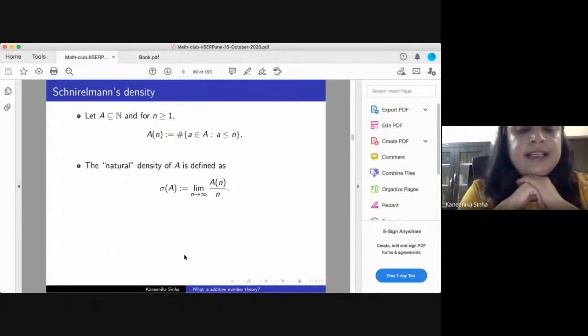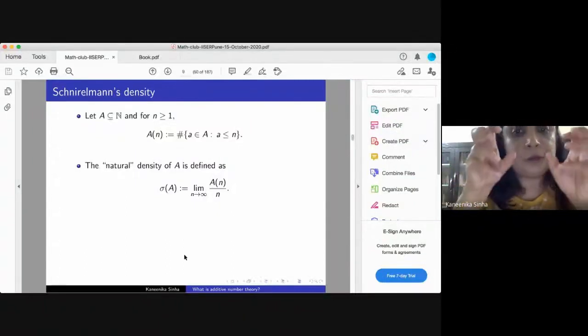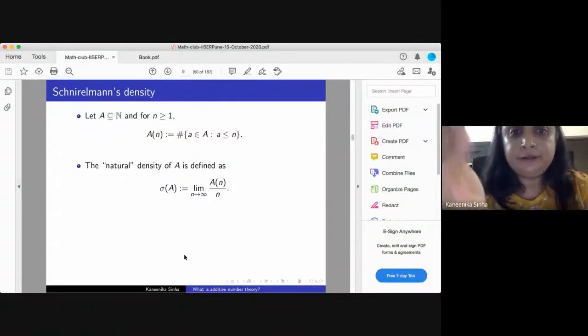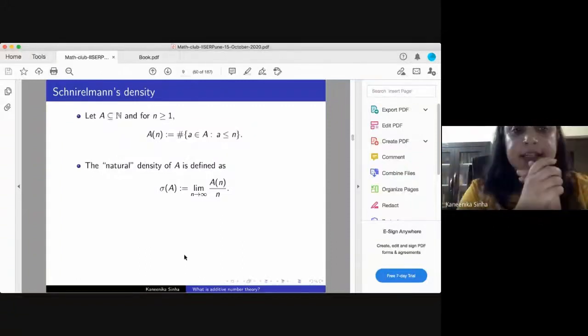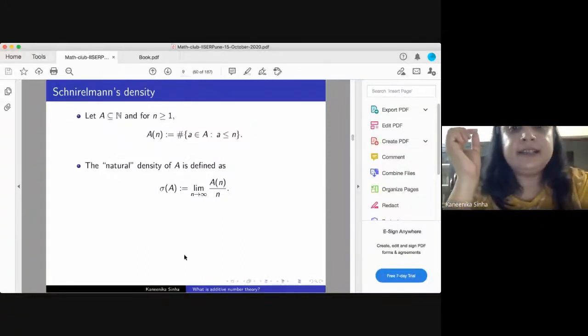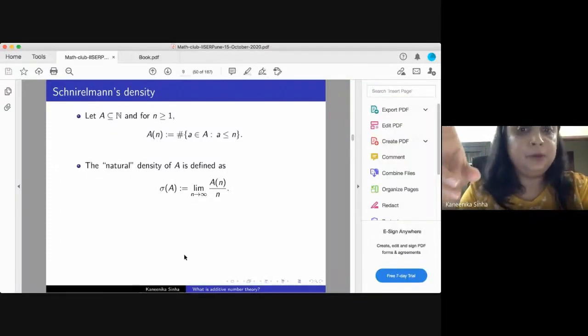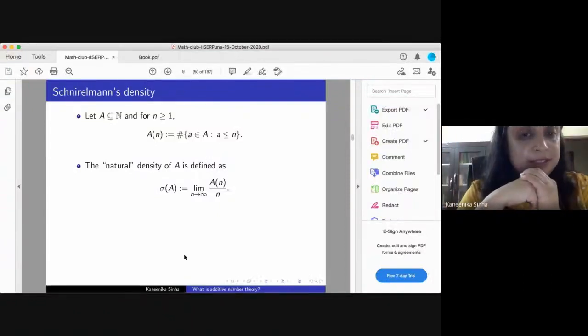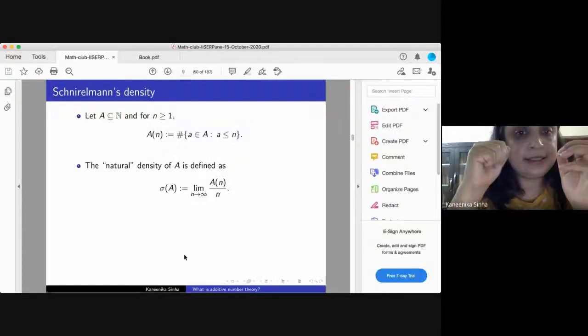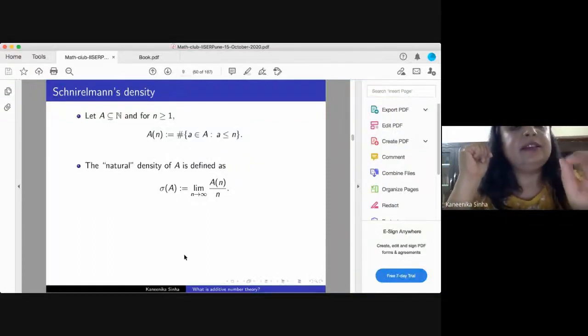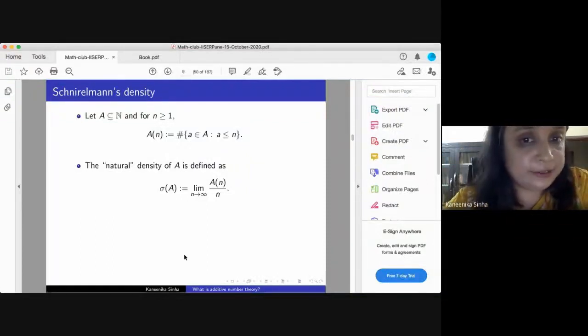It is essentially the proportion of elements of A in the entire set of natural numbers. So for every little n, you count A of n divided by the total number of natural numbers up to n, take the ratio, and take the limit as n goes to infinity. And if this limit exists, then that limit is what is called the natural density of A.